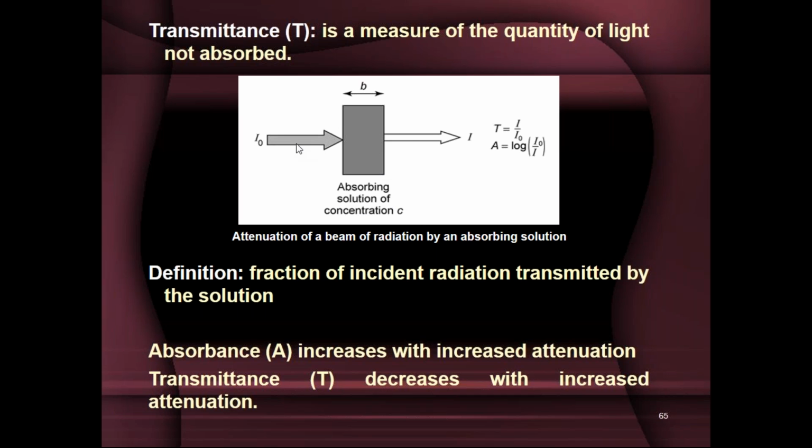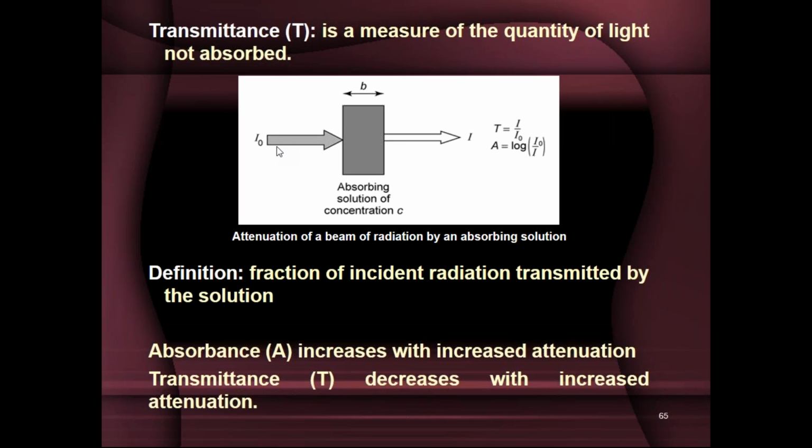Now you can see the intensity of the incident radiation, I0, is of a particular value as indicated by the width of this arrow. Next, we see that some radiation may get absorbed by the solution and the remainder gets transmitted. If there is absorption, the remainder is always less than what was incident, and that's why it's shown with a narrower arrow.